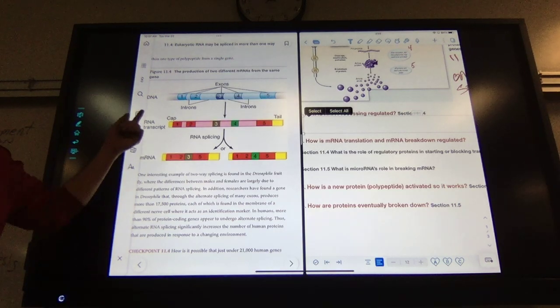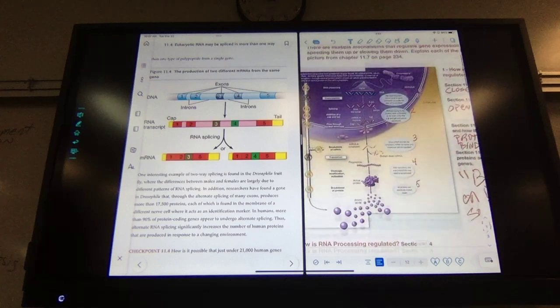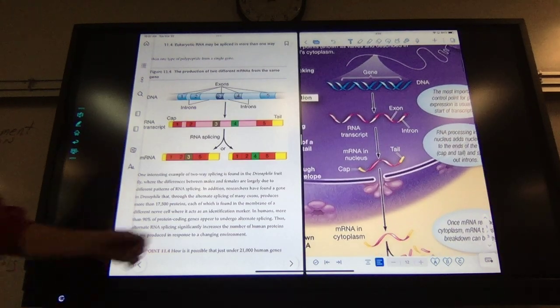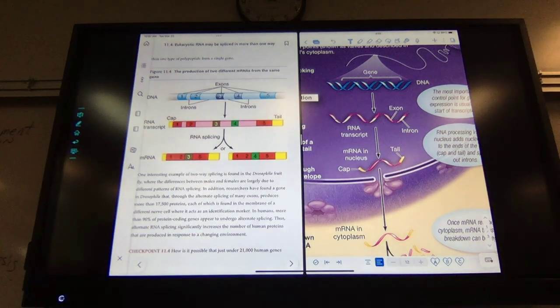Do you remember that when messenger RNA is made, up in this picture, that it is a raw messenger RNA that doesn't work? It has to be processed. Do you remember us talking about how it needs a cap and a tail?